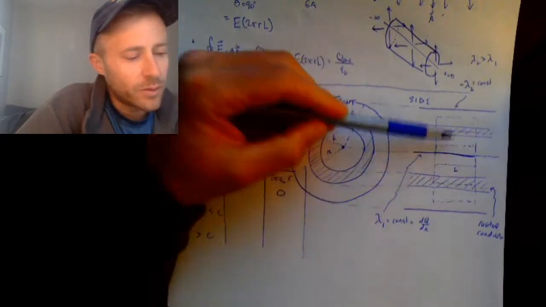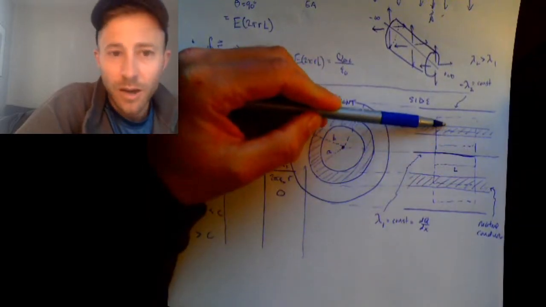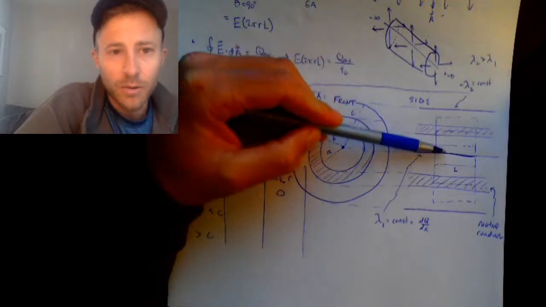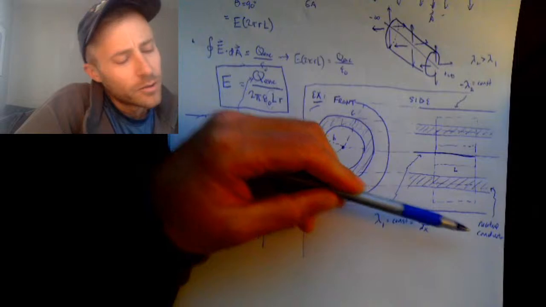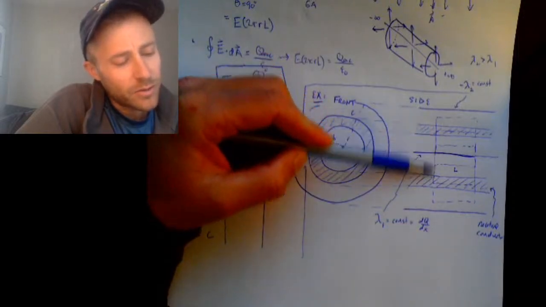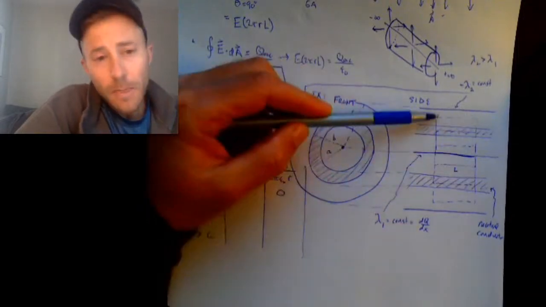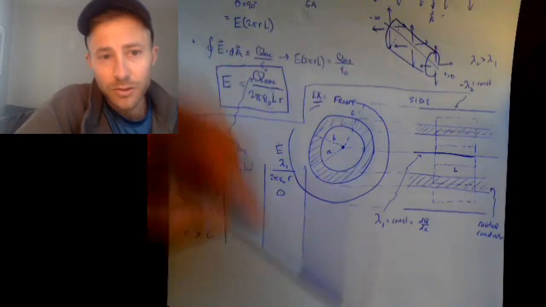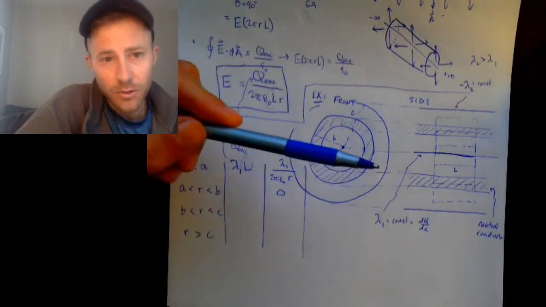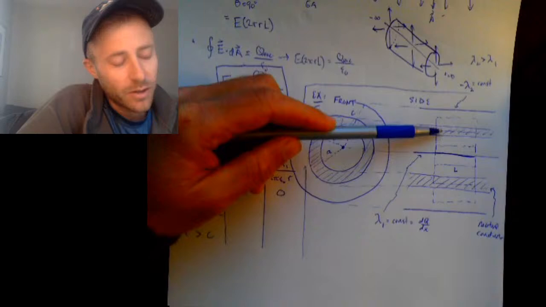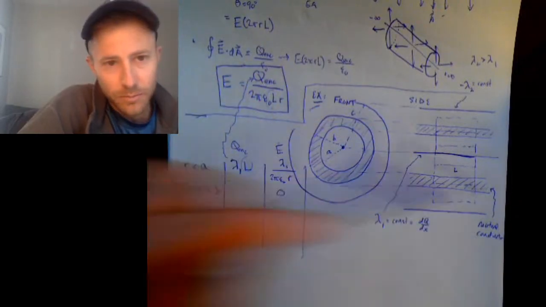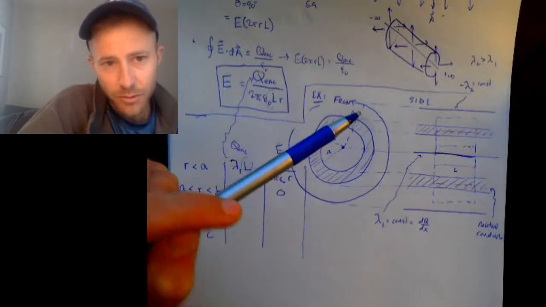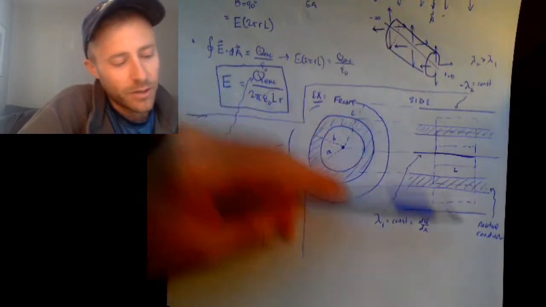It will have some charge on its inner surface and its outer surface, but the amounts of charge are equal and opposite because it's neutral. So making the Gaussian surface bigger now doesn't cause it to enclose any more charge, because the conductor doesn't add anything to the charge enclosed. It is neutral. If it was not neutral, that would be a different story, but it is a neutral conductor.